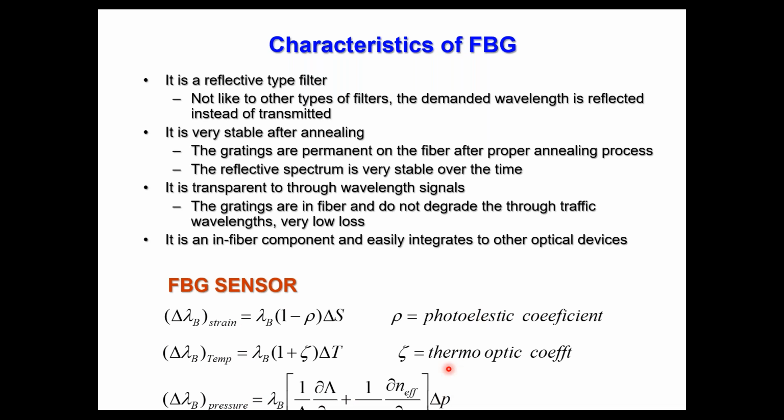So depending on these parameters, the sensitivity of such sensing devices can be calculated. For example, in the case of pressure, this is d capital lambda by dp. So the pressure is going to change your periodicity.